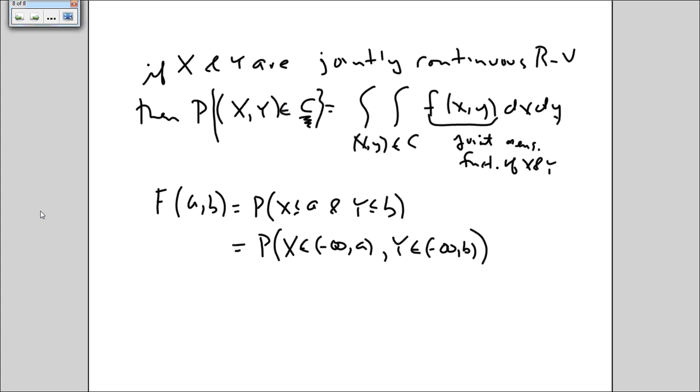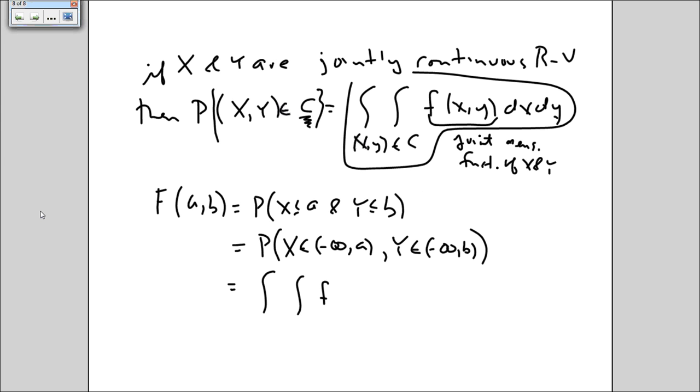Okay. So now using our formula, this is going to be the double integral of f of xy dx dy. Of course, you can interchange those. You can write dy first, but if you write dx first, then that's going to be the x limits, and x goes from negative infinity up to A, and y goes from negative infinity up to B. Remember, the first integral you work on is the inner one.